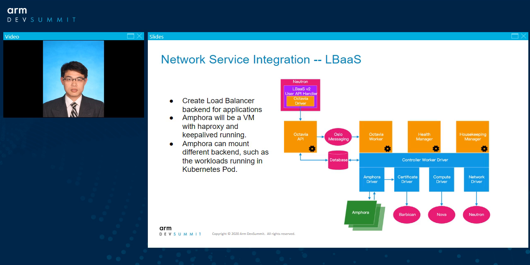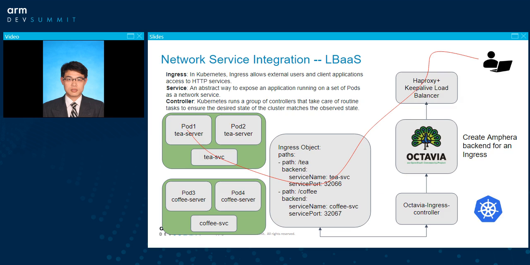Okay, so next we can see the detail about how to realize the network integration service. If you want to deploy a container, run your network, and make it externally accessible, how could you do it? First, we can see there is an ingress. Ingress is a concept that allows external users and client applications to access the HTTP service. We also need to know the service.